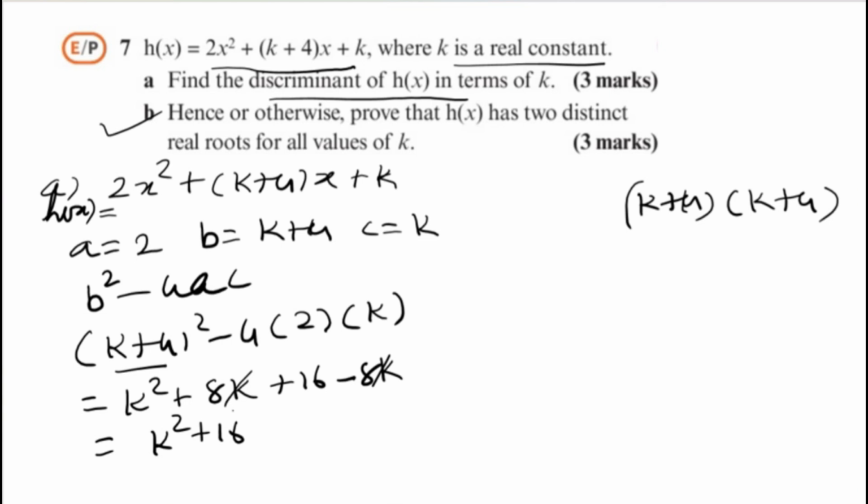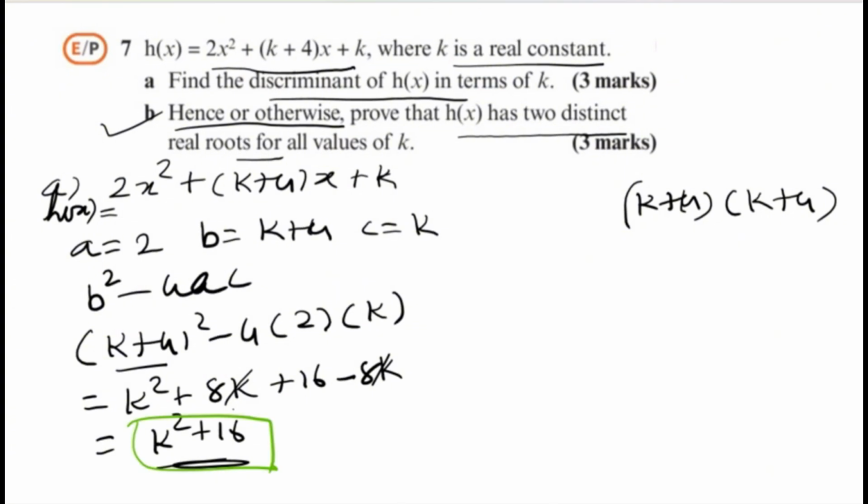Now part b. Hence or otherwise prove that h of x has two distinct real roots. Now when they say hence or otherwise in a question, we have to use this result in our next answer. So we have to prove it has two distinct real roots, which means our b squared minus 4ac should be greater than 0.